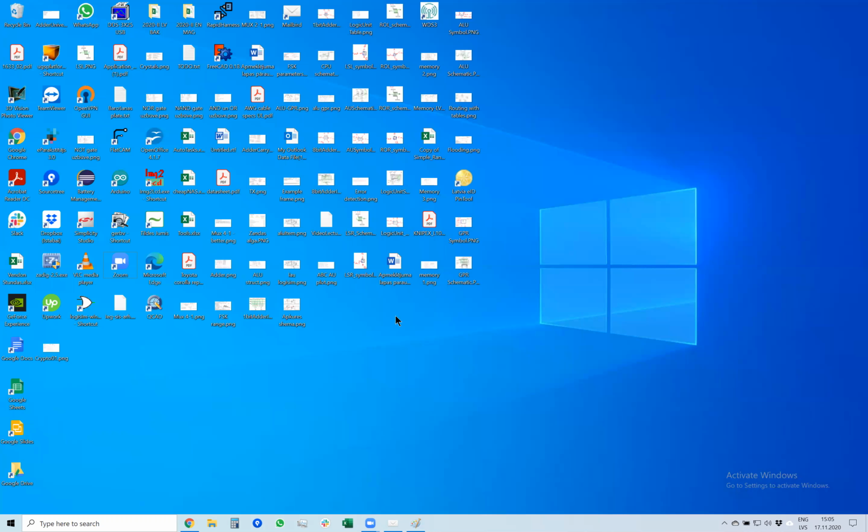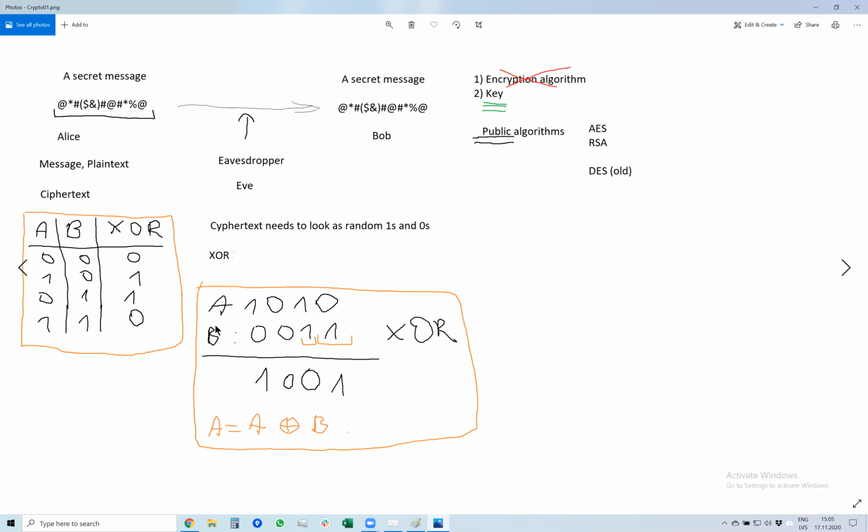So let's look at our picture again, right here. A XOR B is, for example, C, but there's this property that if you look back, B XOR output, for example, 1 XOR 1 is 0, 0 XOR 1 is 1, 0 XOR 0 is 0, 1 XOR 0 is 1.